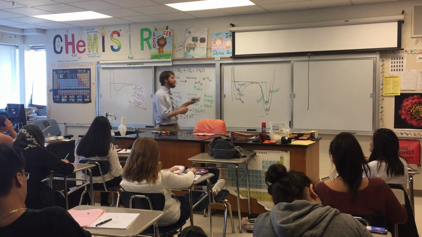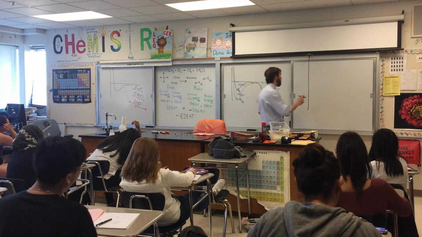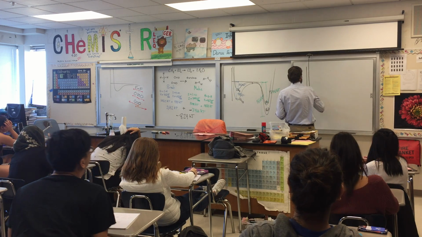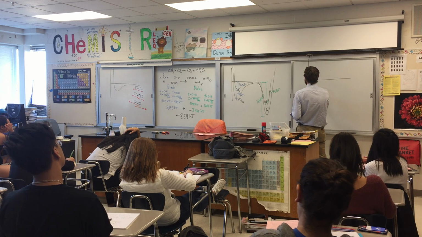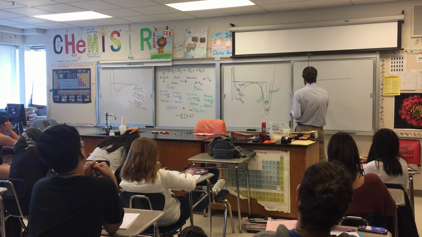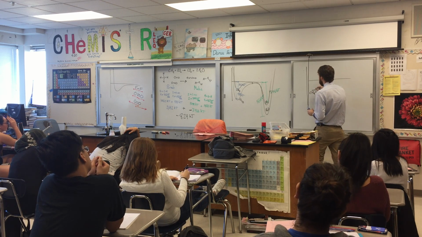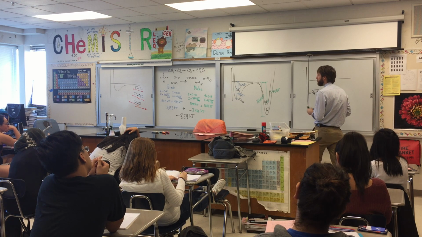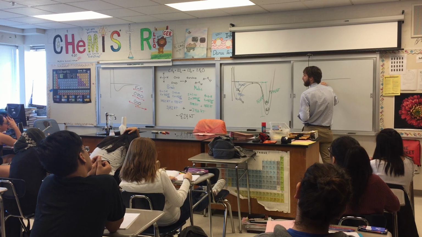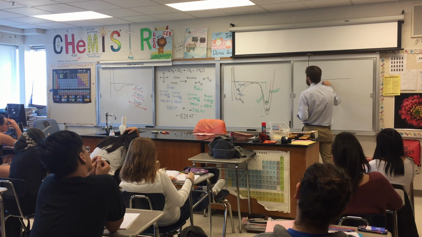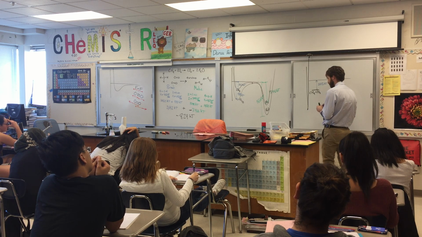Now a lot of times this diagram is not really the way we're going to represent this. We're still going to represent it on a potential energy diagram. We're just going to say that our CH4 and our 2 O2s require us to add 2,642 kilojoules of energy.